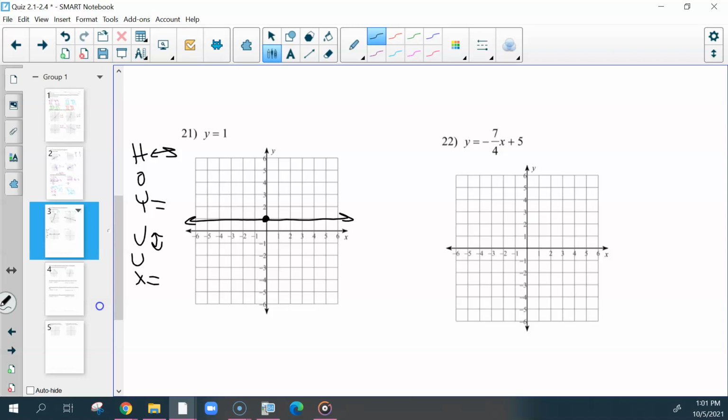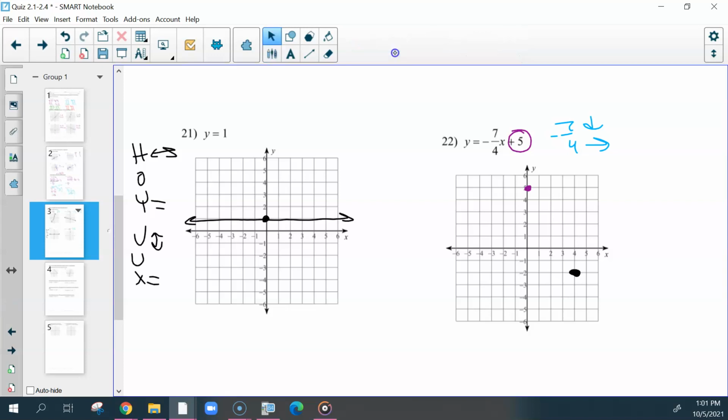And then the last one, start at your y-intercept. You again have a negative slope. I can't go up, so I have to go down, and then I have to go to the right, because only one of these can be negative. And then connect those points.